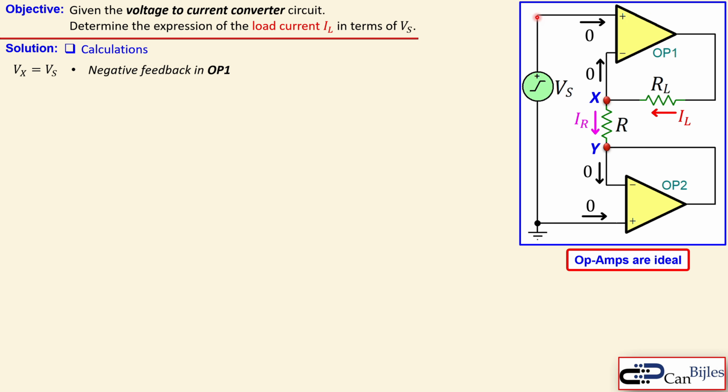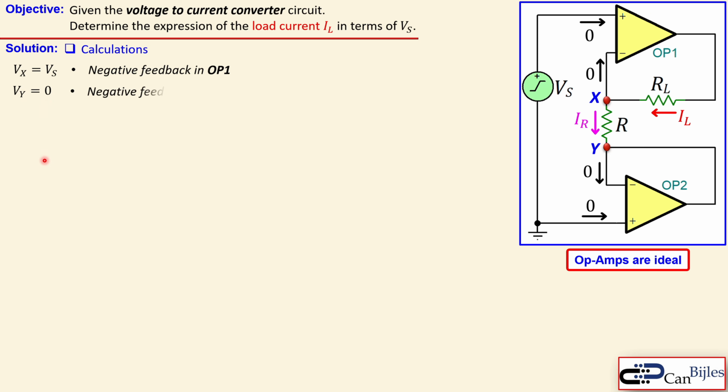Since this is Vs, which is already set, then this should also be Vs. That is actually this condition. Now looking at Vy, it should be 0. Why? Because OP1 is in the negative feedback configuration. Since this input is 0, it's just grounded, then this node voltage will also be 0.